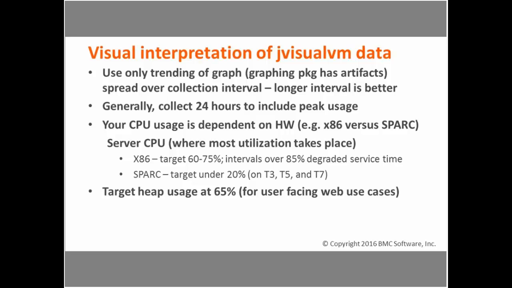But things like that can happen, so you want to target about 65%. That way your old generation is also smaller. GC is better. If there's a surge in heap usage, the behavior of the GC would be better.